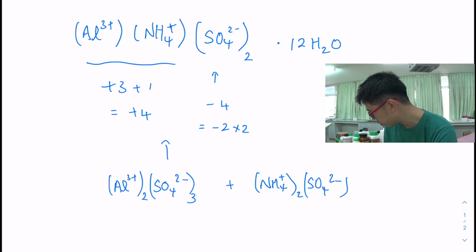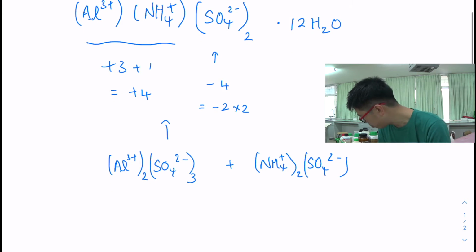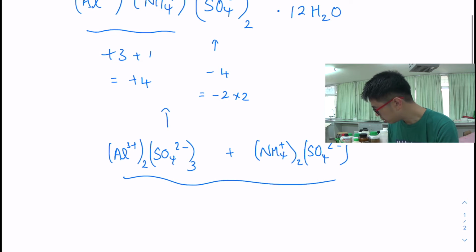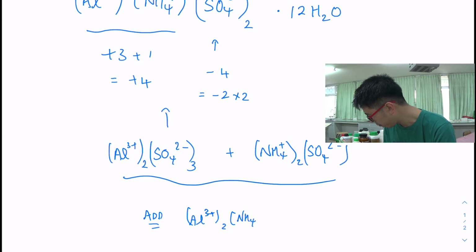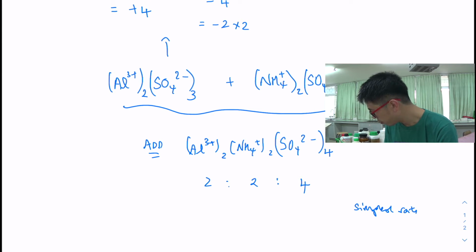As you can see on the screen, I will have it picture by picture there. So as a mixture, you would have that, but then if you add them up together, you have 2 of the Al3+, 2 of the NH4+, and 4 of the SO4 2-. That is 2:2:4. Then you can simplify it to give you the simplest ratio of 1:1:2.